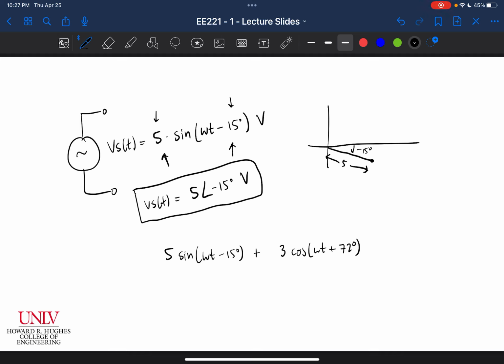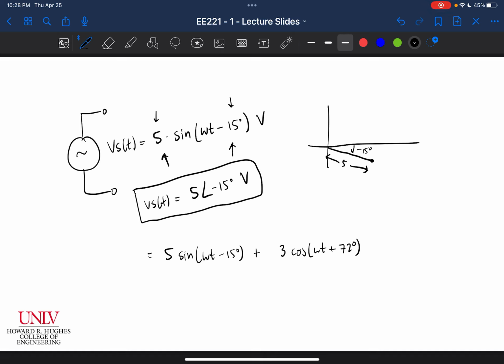Taking those and adding them would involve trig identities and trying to look up your trig identities and figure out which one you can use and making sure you have your angles right and converting both of them to sine by shifting this angle, and so on. That's not fun at all.